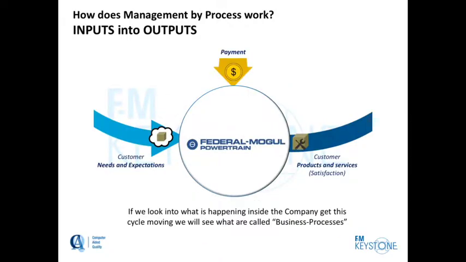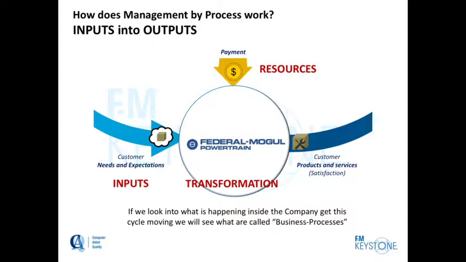Inputs into outputs. If we look closer at the company, we will see that this cycle is actually quite simple. On the left, we have inputs, which are the needs and expectations from the customer. Up there, we are getting resources, initially in the form of money.